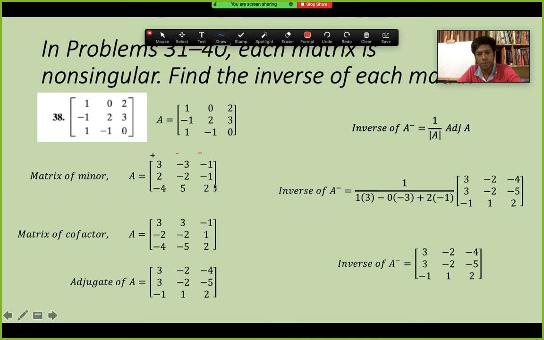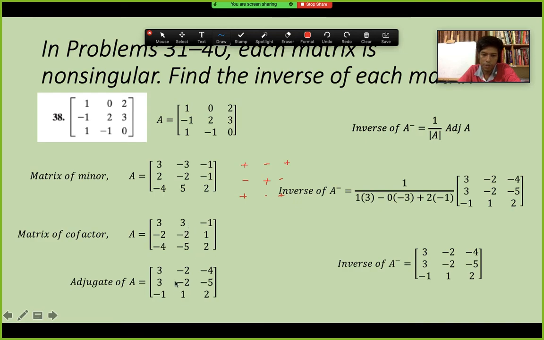Actually it looks ugly here. So the rule is plus, minus, plus, minus, plus, minus, then plus, minus, plus. We multiply by this sign here, and then we get this sign.